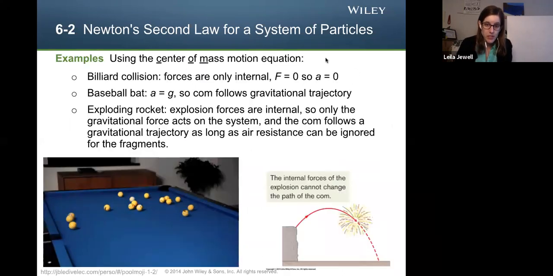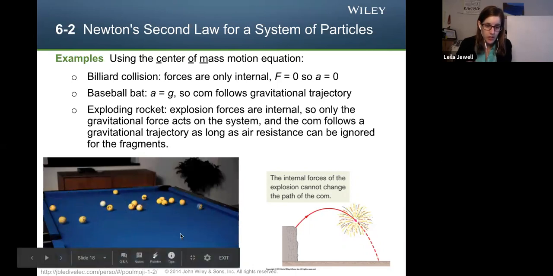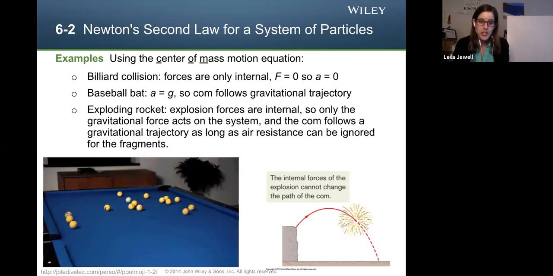Based upon the center of mass motion equation, we could consider some examples. One is a billiard collision. Hopefully this is properly displaying, but the cue ball, the white one, is struck, and it passes through and knocks into the others. But all those forces of them knocking together are internal forces to the system of all the billiard balls.